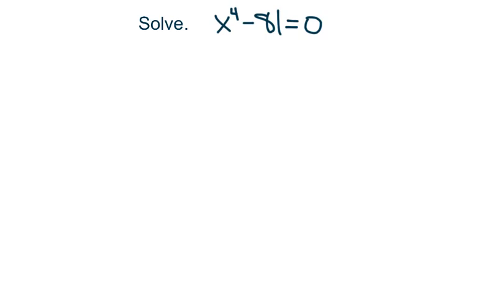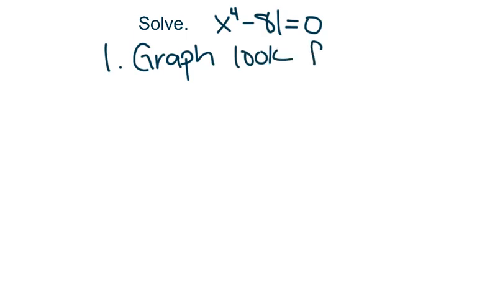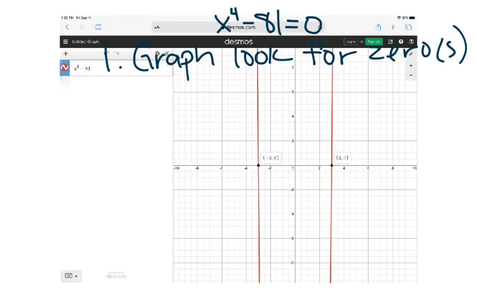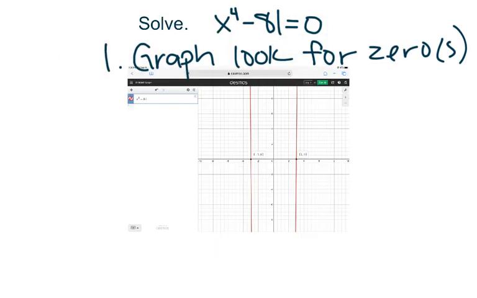Okay, the first thing you're going to do is graph the function and look for zeros. So remember, zeros are where it hits the x-axis. So go ahead and pause the video, graph it, look for some zeros. Alright, so I graphed it on Desmos, and you can do this super easy.